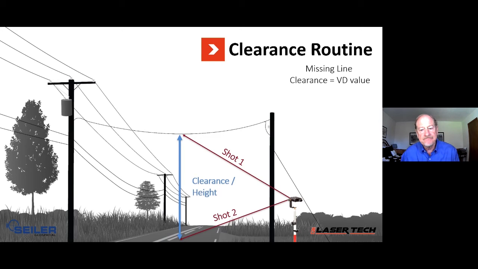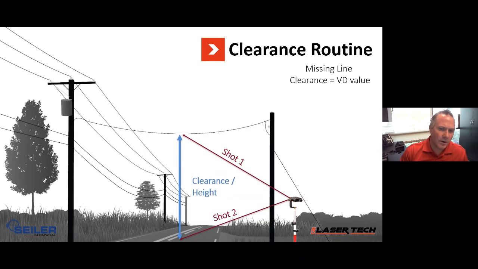Right, and we got that true scan, right, Steve? So if you took shot 1 to the first part of that conductor or wire over the road, and you note that horizontal distance, say it's 45 feet, and then when you go down to your shot 2, you can press and hold the fire button.